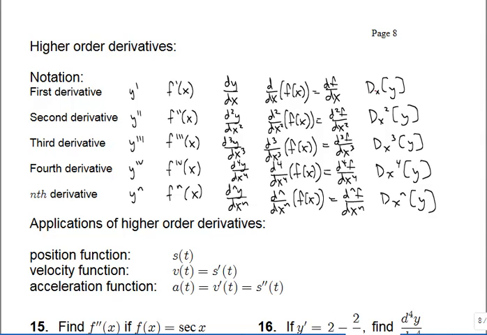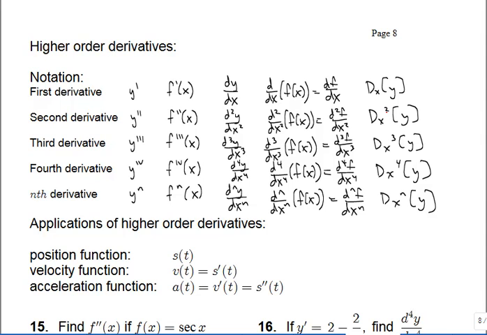So if I asked you to find a second derivative, you would first need to find the first derivative, and then you would just take the derivative again to get the second derivative. So the notation for that will now be y double prime or f double prime, or you would see d squared y over dx squared, or d squared f over dx squared, or this big D sub x with that square in there.